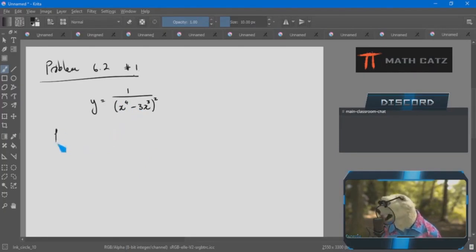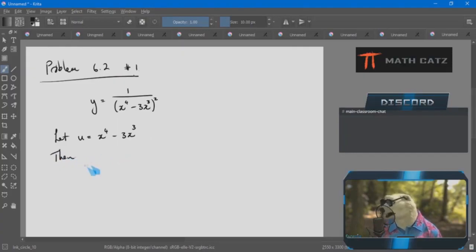So I will say, let us call that inside function u, the obvious first guess, and then we'll see if that works for us. If not, maybe I'll go back and see if there was another option. But this is the only obvious option that would work for us.